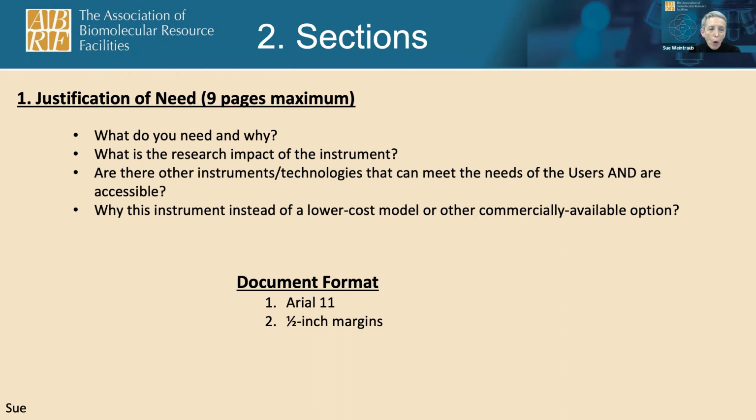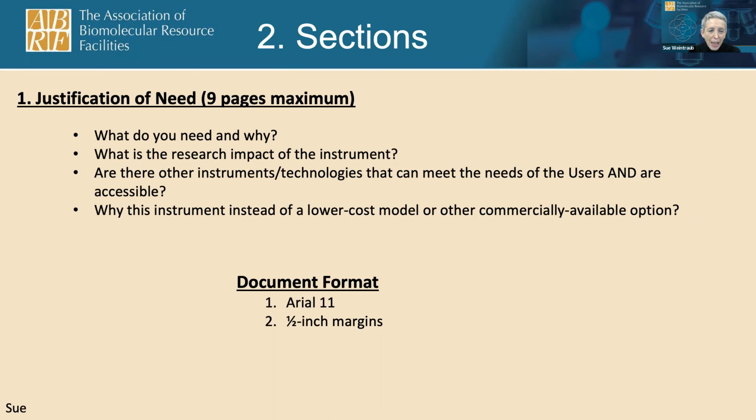And so, why this instrument instead of a lower cost or other commercially available options? This is where a table, or a clear description, can be important. If there are other vendors who make similar instruments, that needs to be clearly stated. If the vendor that you're going for has different cost models, why are you picking this specific one?